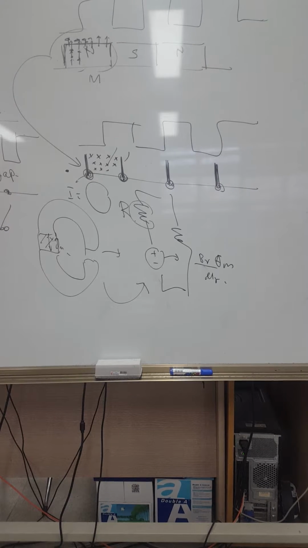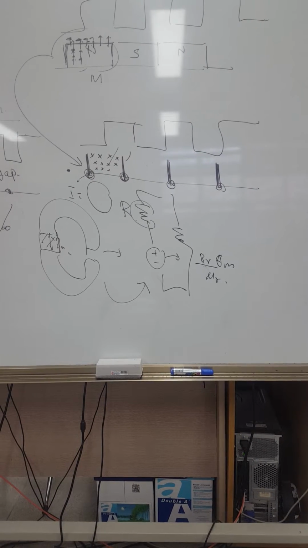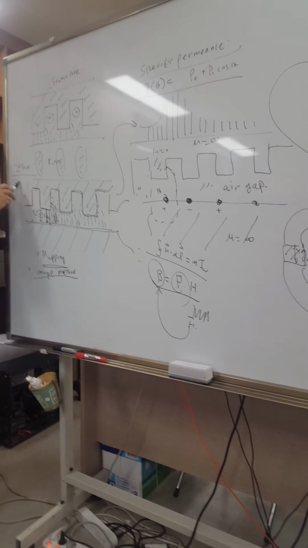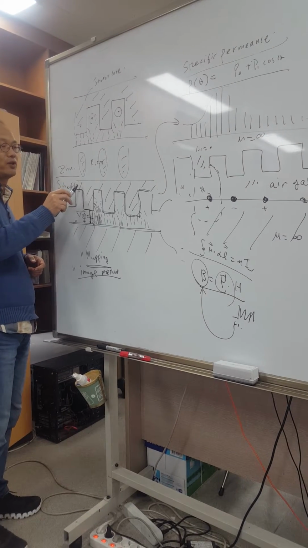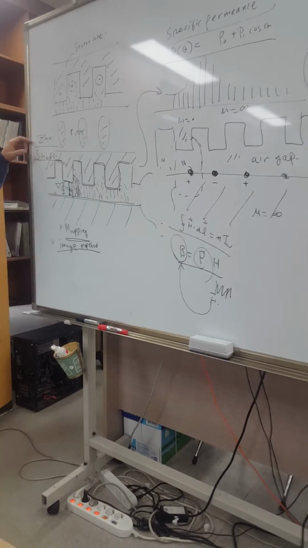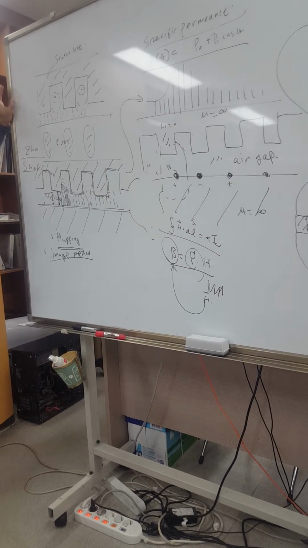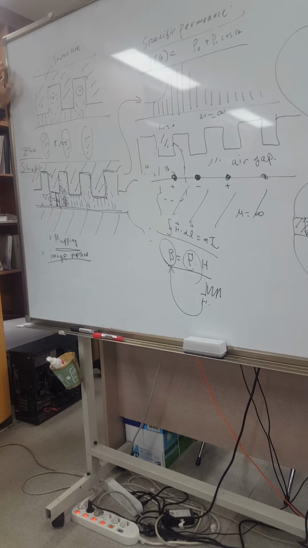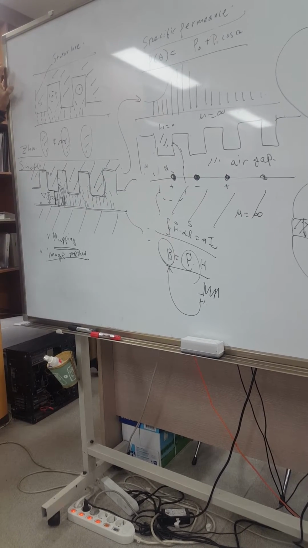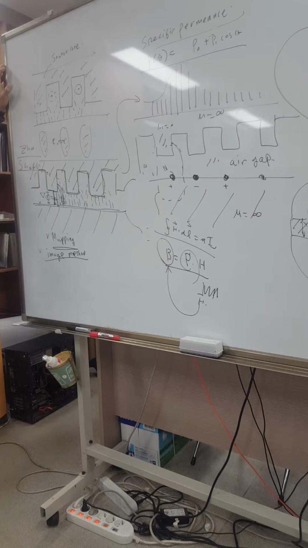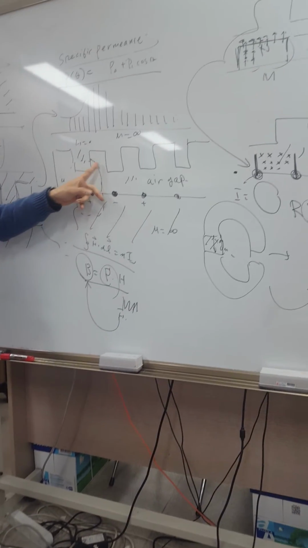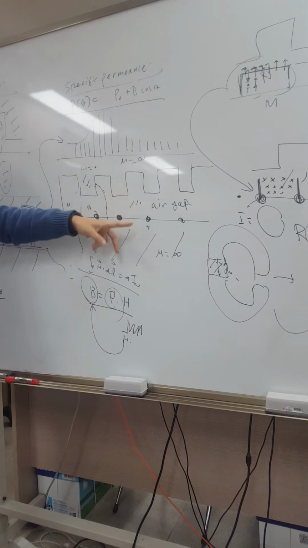Almost everything is published in papers, especially by Professor Zhu at the University of Sheffield. He is very strong in this calculation. They solve the second order differential equation considering very complicated geometry, and then they calculate the exact flux density distribution in real geometry.